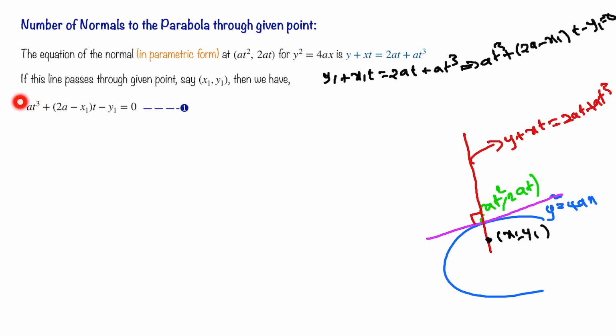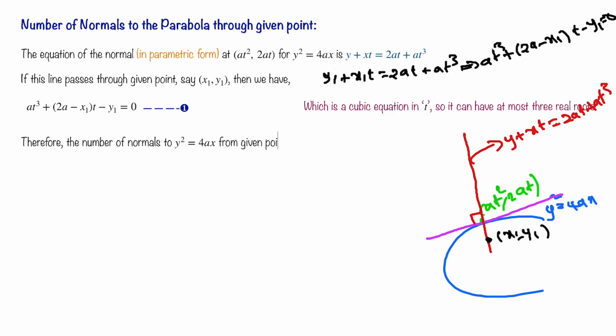So we have this equation in t, which is a cubic equation in t, so it can have at most 3 real roots. For each real root t of this cubic equation, y + xt = 2at + at³ will be a normal to the parabola y² = 4ax through the given point (x1, y1). Therefore, the number of normals to y² = 4ax from the point (x1, y1) will be equal to the number of distinct real roots of this cubic equation.